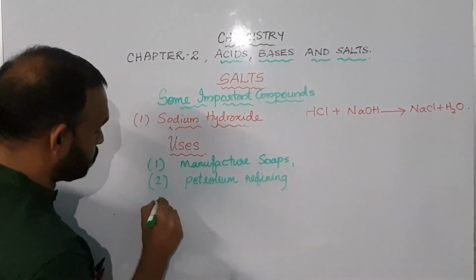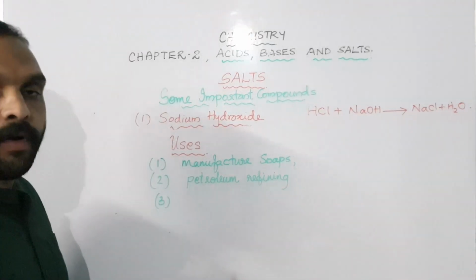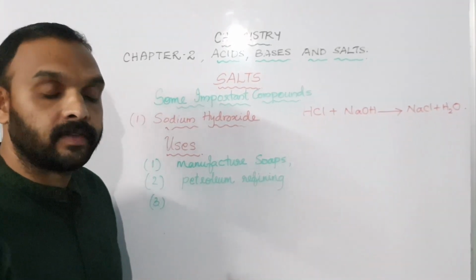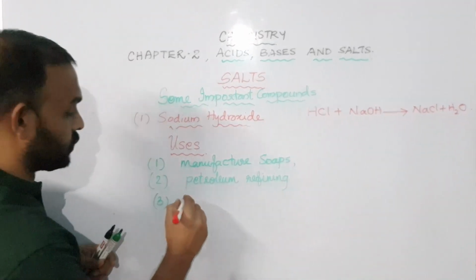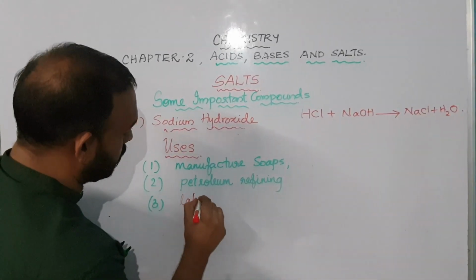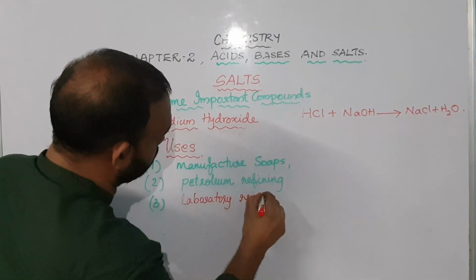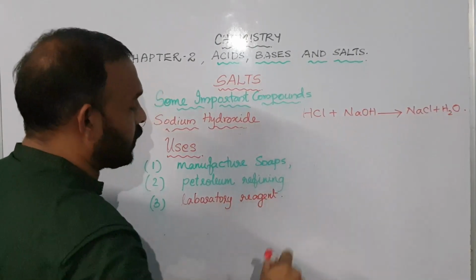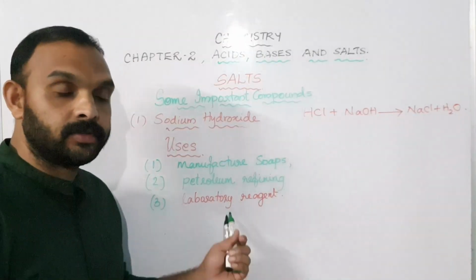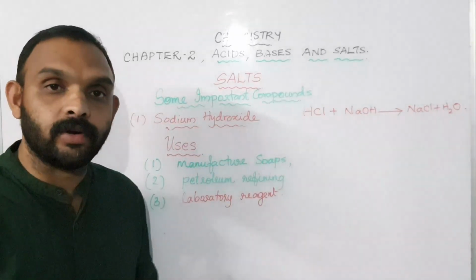Second use is that it is used in petroleum refining. Now its third use, all of us know that it is used as a laboratory reagent. It is very important. In laboratory for various chemical reactions, we are using caustic soda or sodium hydroxide.